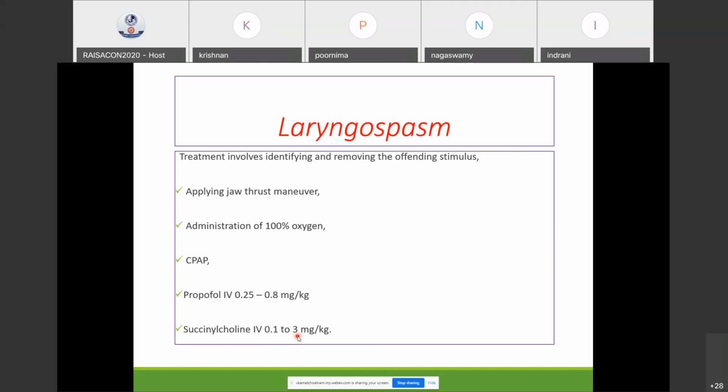Okay. Based on the duration, would you like to give, if you get severe pain, any narcotics here? Yes, sir. Morphine can be given in very low doses, around 0.05 to 0.1 mg per kg, sir. Which route?